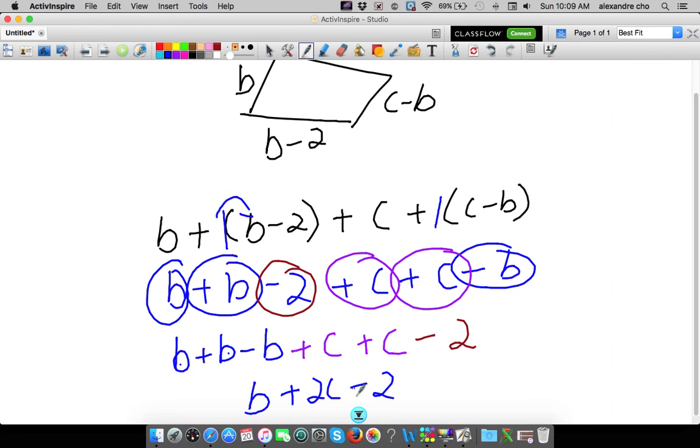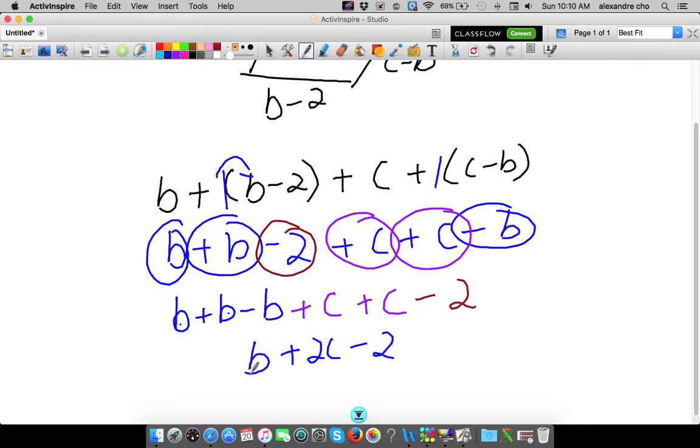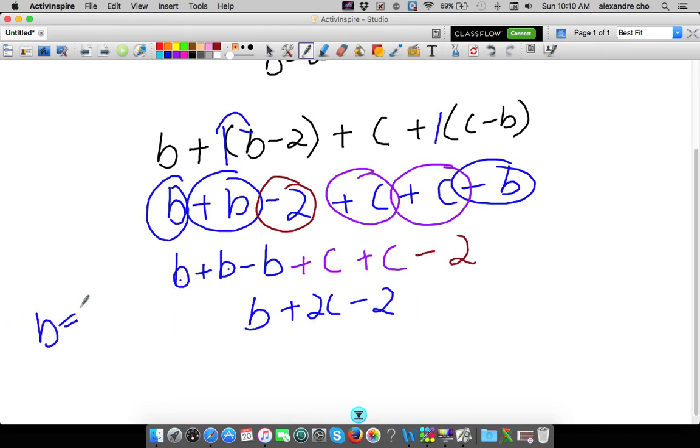What is the perimeter if B equals 11? So we have a part 2 here. If B equals 11 and C equals 16, how much would the perimeter be? Well, let's substitute: 11 plus 2 times, remember it's multiplication, 16 minus 2.